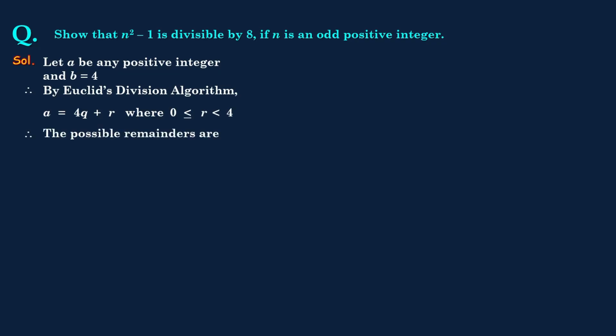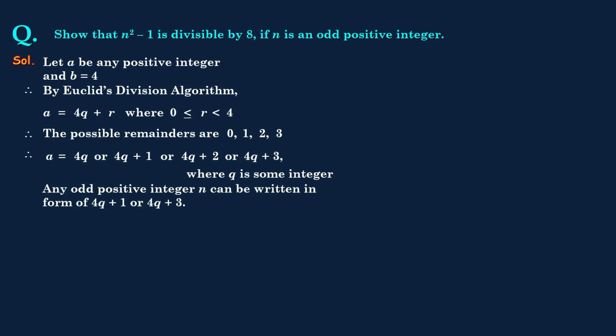So the possible remainders will be 0, 1, 2, 3. Now replace the r value: 4q plus 0, that is 4q, or 4q plus 1, or 4q plus 2, or 4q plus 3, where q is some integer.